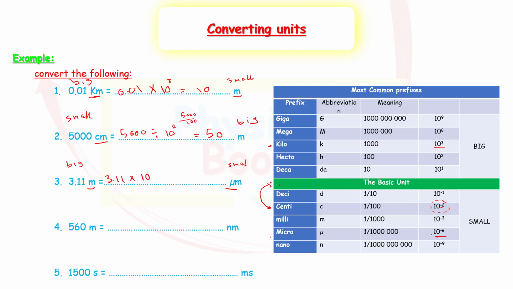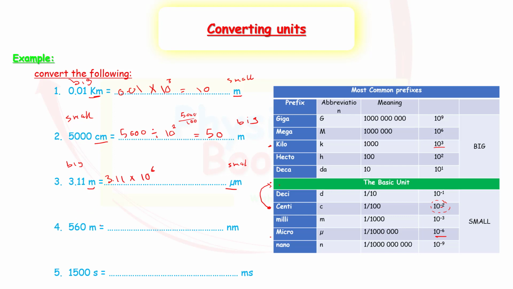As I said, while transforming, forget about the negative sign. So it's 10 to the power 6 without the negative sign. Okay? Can we keep it like that? Yes, it's considered as a correct answer. You can also just transform it to 311, then you can add 4 zeros next to it. But the idea of using powers is getting rid of zeros as much as we can. So we can just keep it like this.